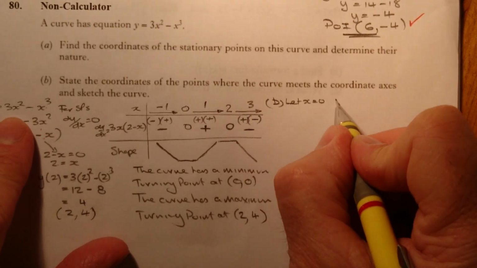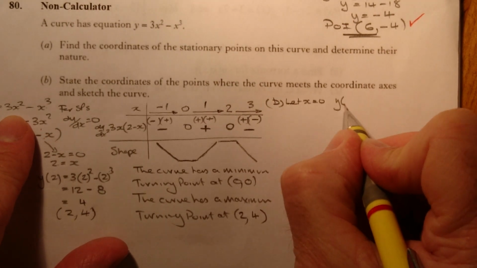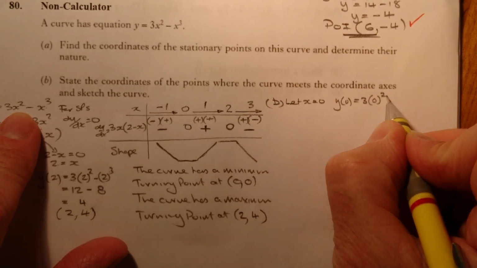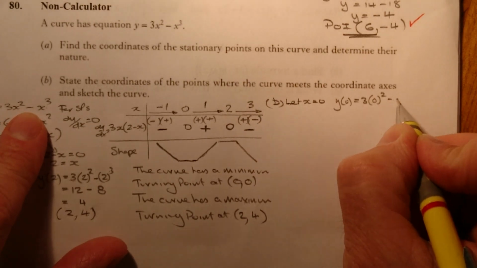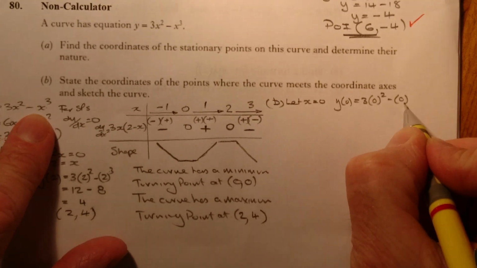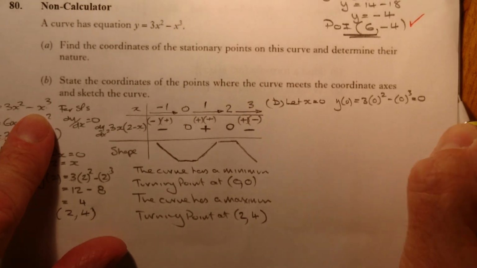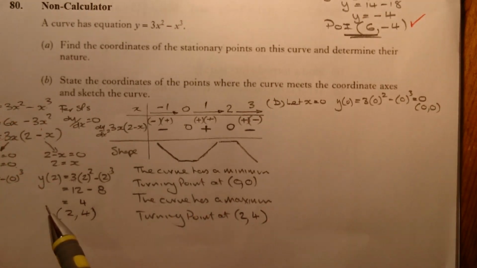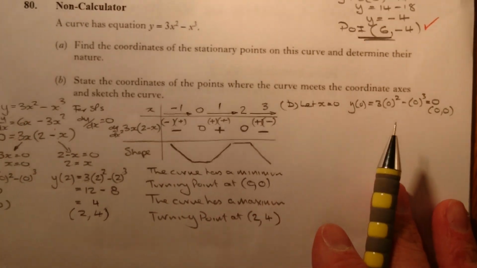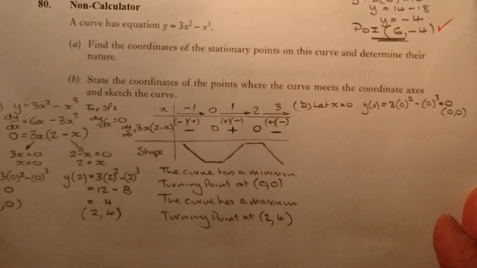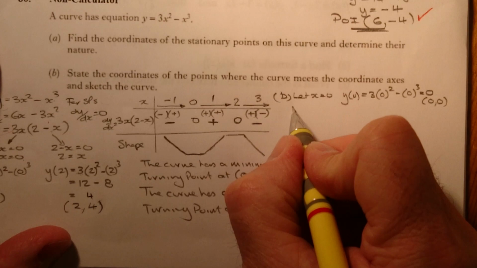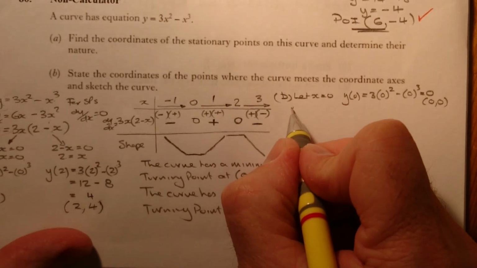So I'm going to substitute 0 in, so that's 0 going into the initial y is equal to equation, and that's going to be 0. So that there is the point 0, 0, and that was a point that we worked out earlier on. That was one of the stationary points, so I know it's going to turn on the axis.